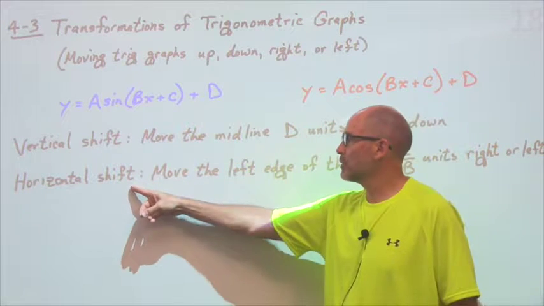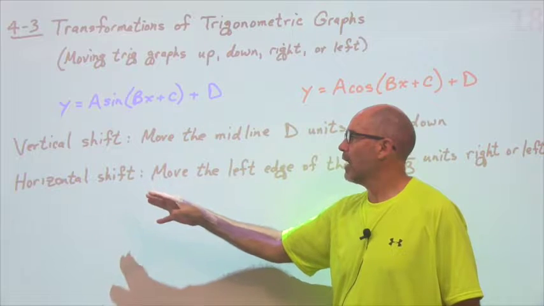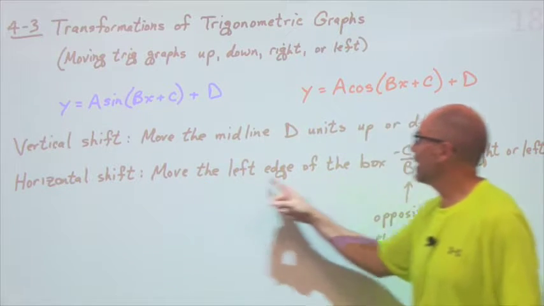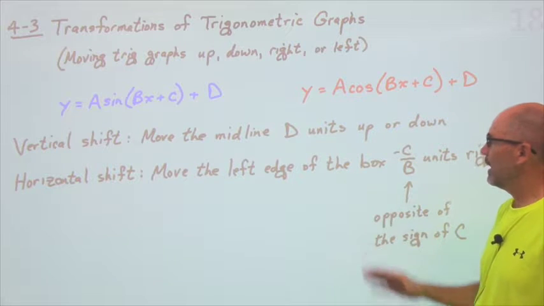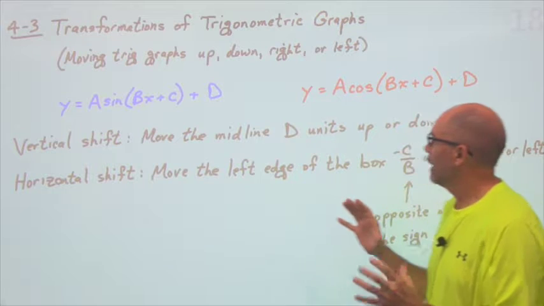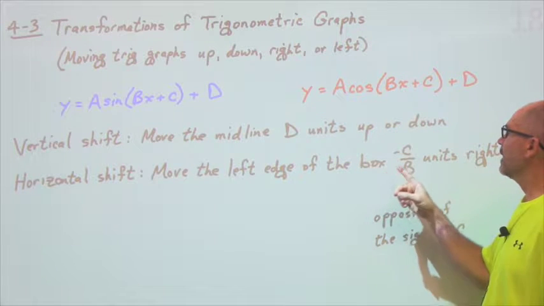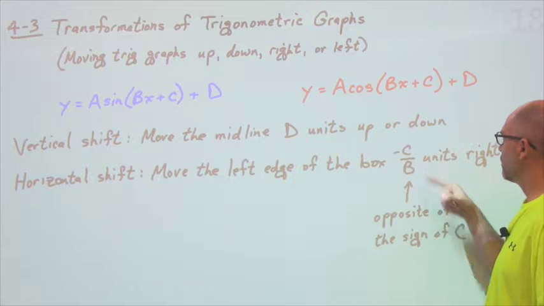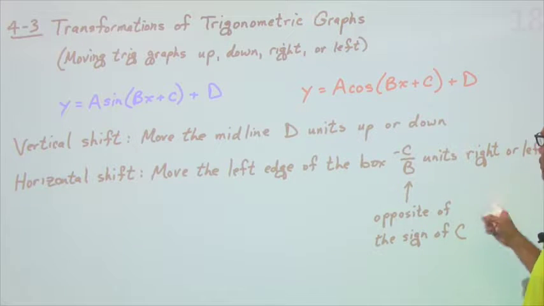Now there's a horizontal shift, otherwise known as a phase shift, and this is moving left or right. If you think of the entire box, then you're moving the left edge of the box negative C over B units right or left.